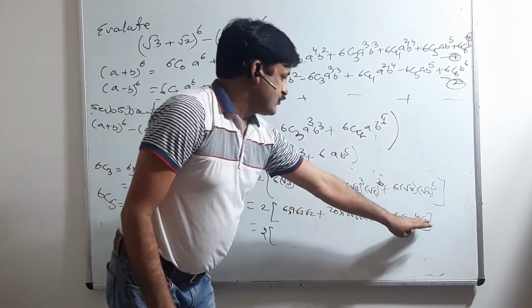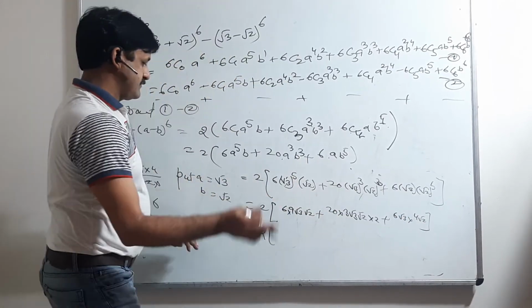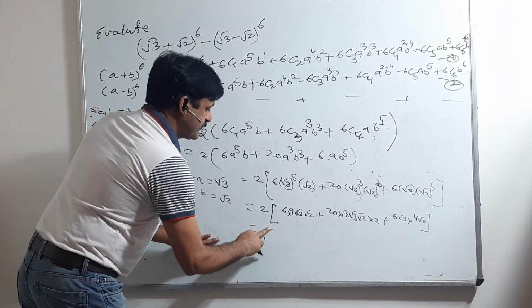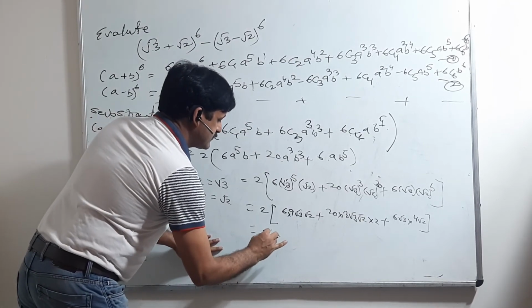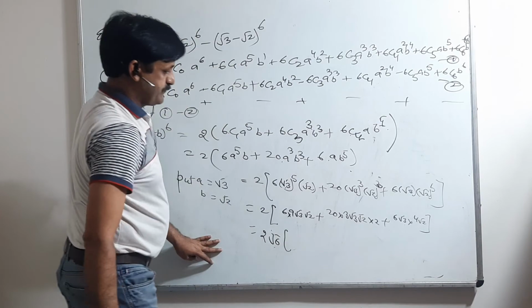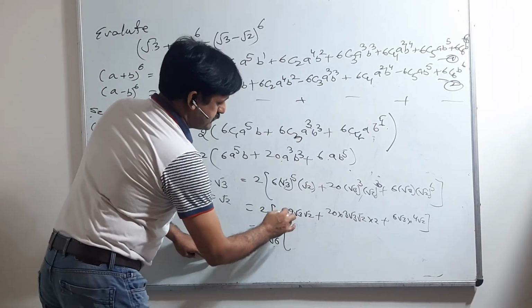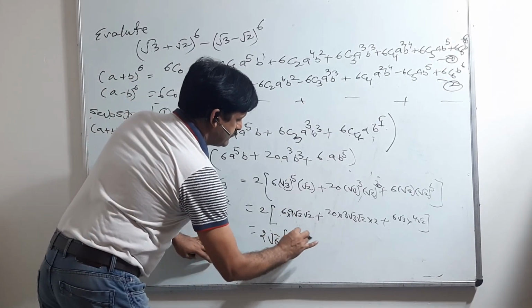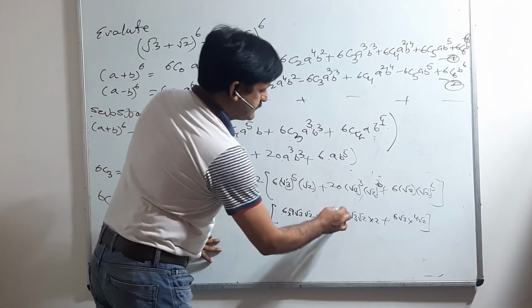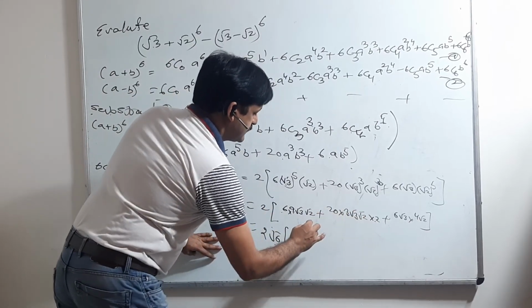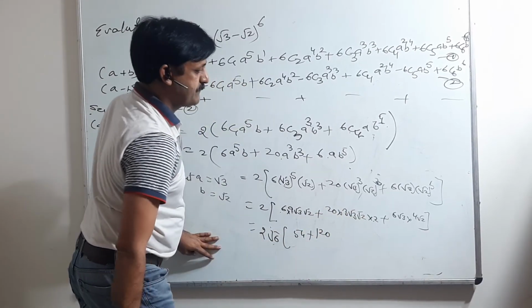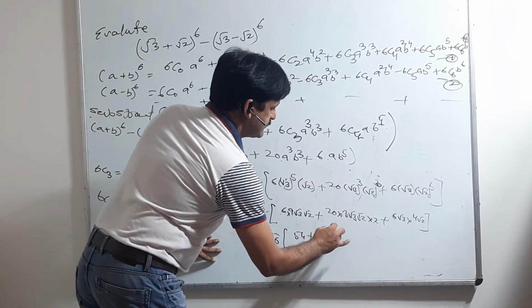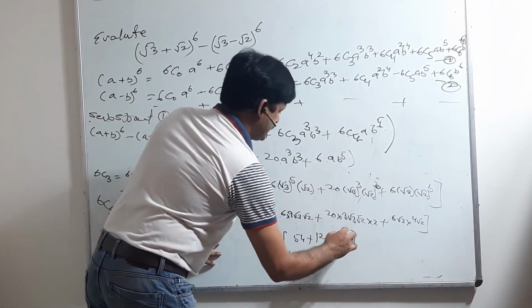This becomes 2 root 6 and root 6. Taking common root 6, this is 54 plus 120 plus 24.